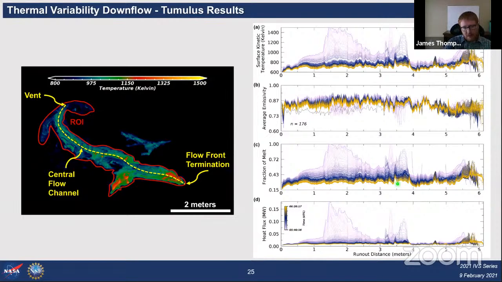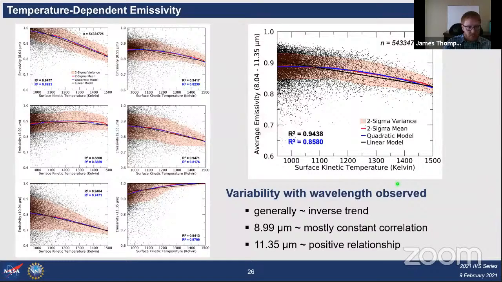And then the next thing I wanted to do was see, well, okay, can I use this data to improve lava flow propagation models? To do this, I wanted to understand the relationship between temperature and emissivity, and how emissivity then affects heat flux later on. So using that same tumulus-fed lava flow data set, I used the region of interest to plot emissivity at the various wavelengths collected by the MMT-CAM for different temperatures.